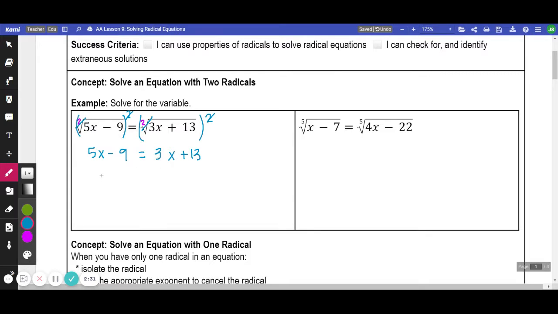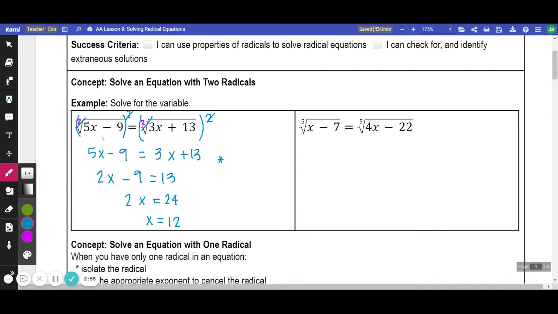So I'm going to subtract 3x from both sides, and then add 9 to both sides. 13 plus 9 is 22. And you need to check your solutions.